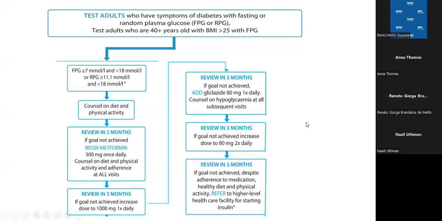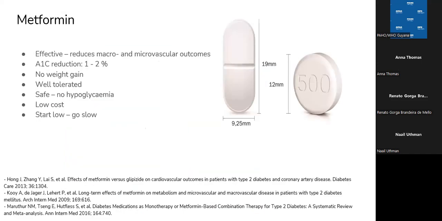Review in 3 months. If goal not achieved, increase dose. If still not achieved, despite adherence to medication, healthy diet, and physical activity, refer to a higher level healthcare facility or start an insulin prescription yourself.